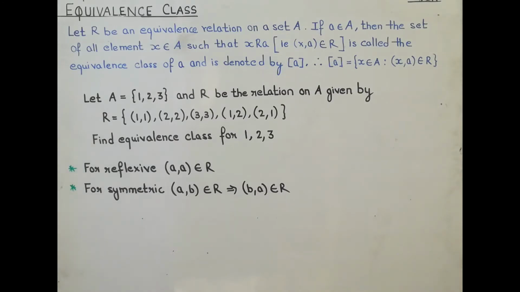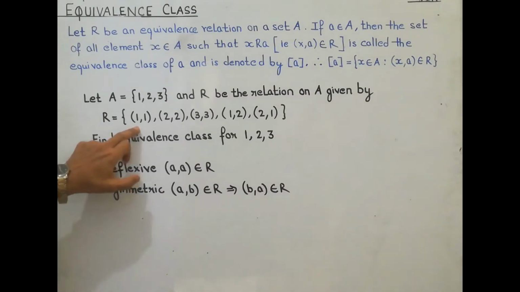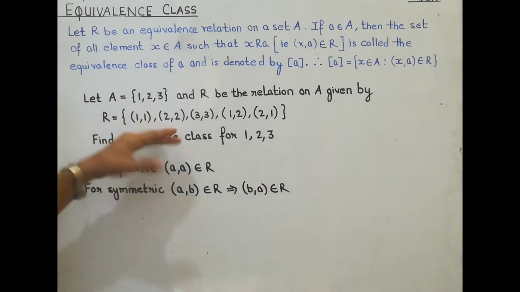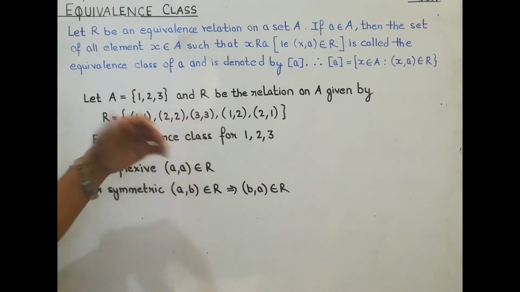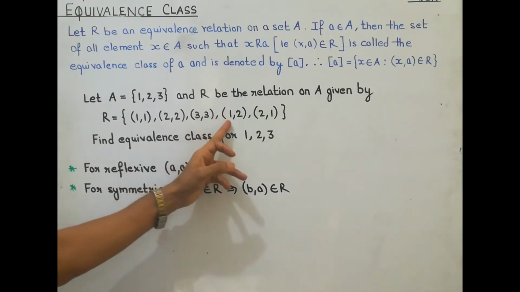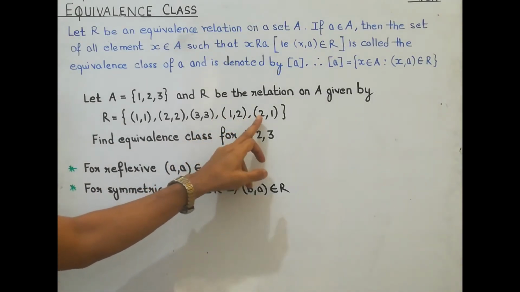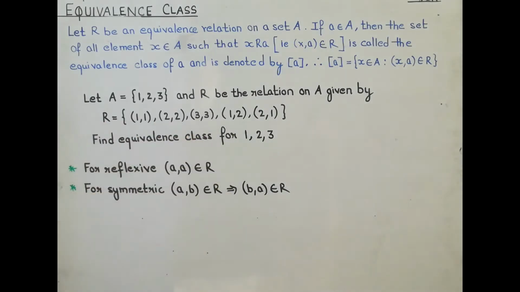You can see now (1, 1) is the image of itself, (2, 2) is the image of itself, (3, 3) is the image of itself, and (1, 2) has the image (2, 1). So that means all the ordered pairs present in the relation have the mirror image. So we can say that the given relation is symmetric. And now we have to look for transitive.